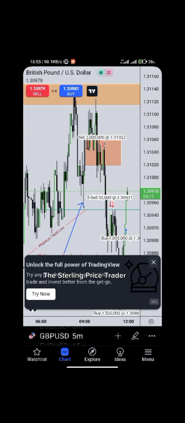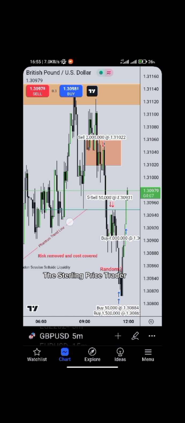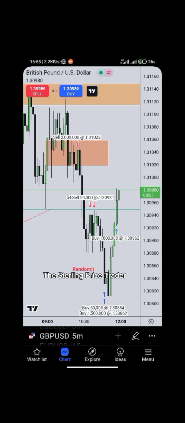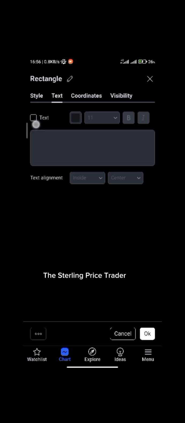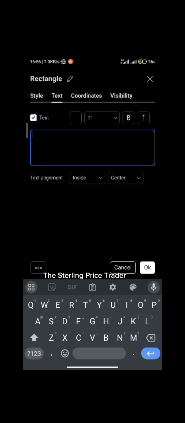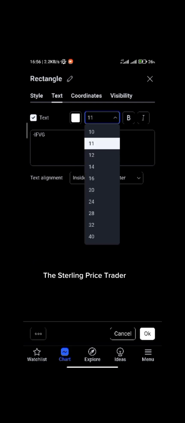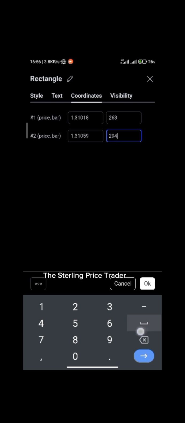So let me delete all these things. So this is the business. This was an inversion fair value gap, a bearish one, and this is a bullish one.